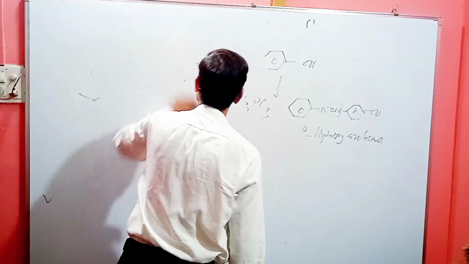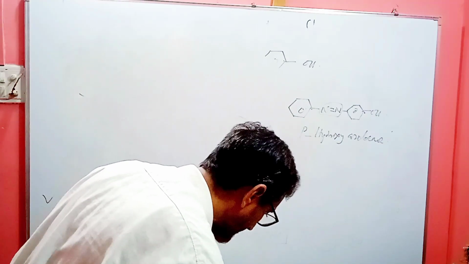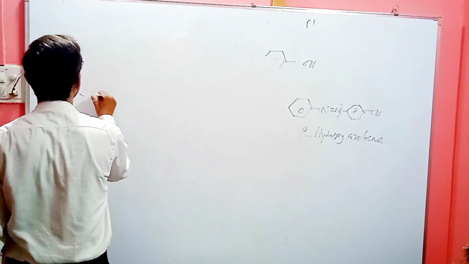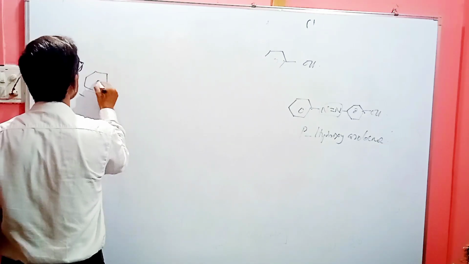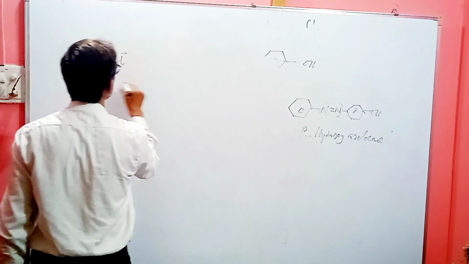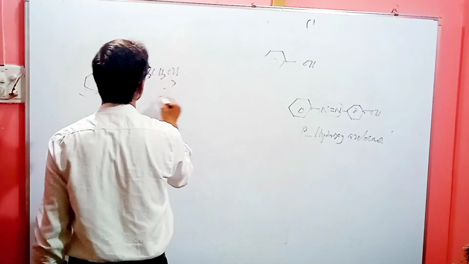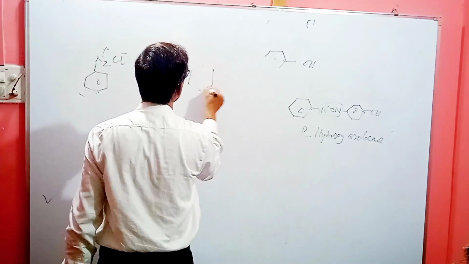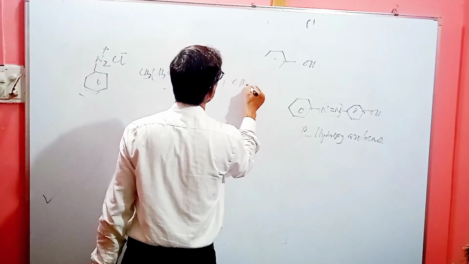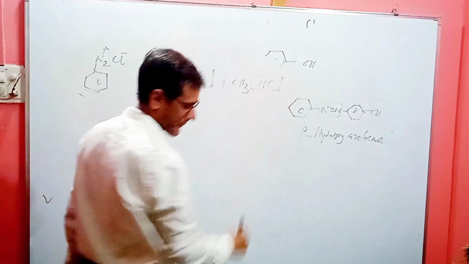Next one, benzene diazonium chloride with ethanol, CH3CH2OH. I have already mentioned that it will become benzene, and that part will be oxidized to CH3CHO.